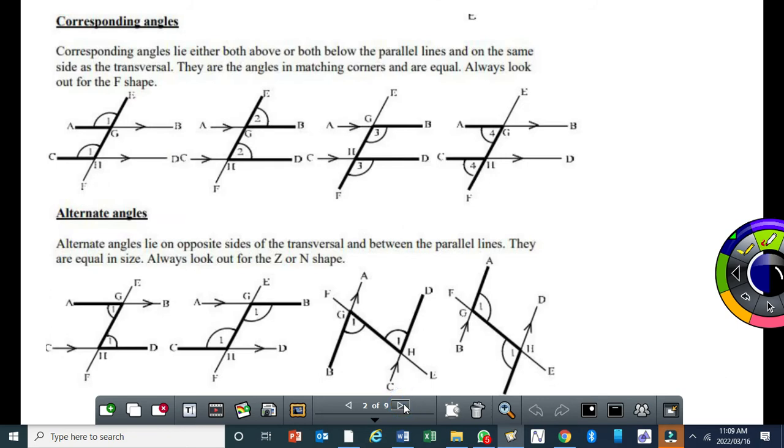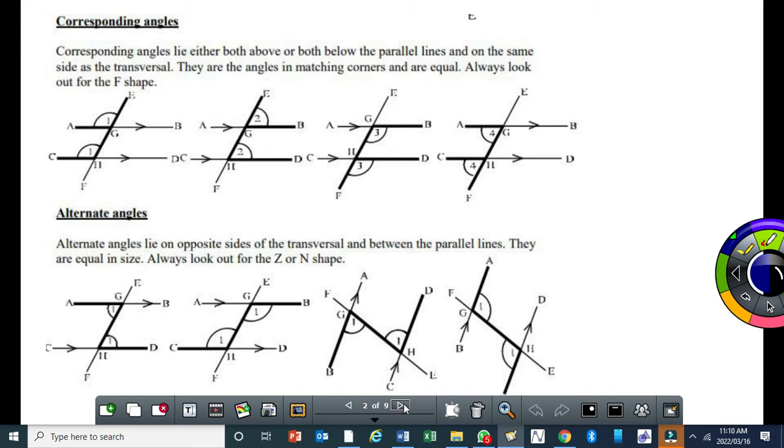Then, also under geometry of straight lines, can I have your attention please? Also under geometry of straight lines, we have what are called corresponding angles. Corresponding angles are found on the same side of a transversal. And I just hope that you remember this.